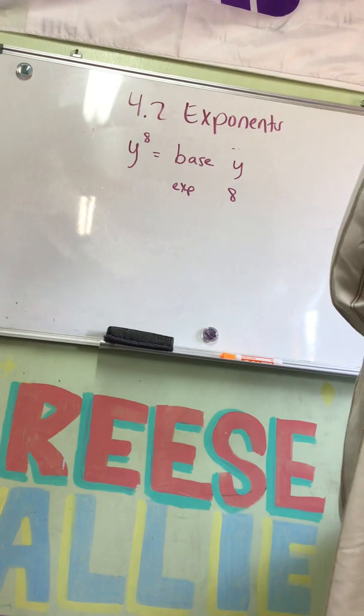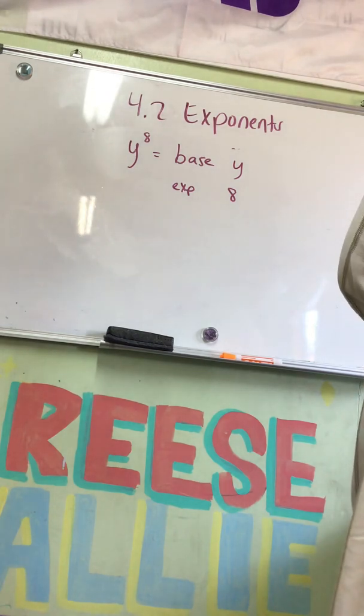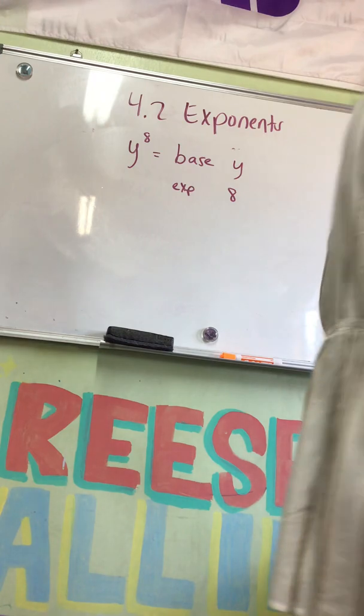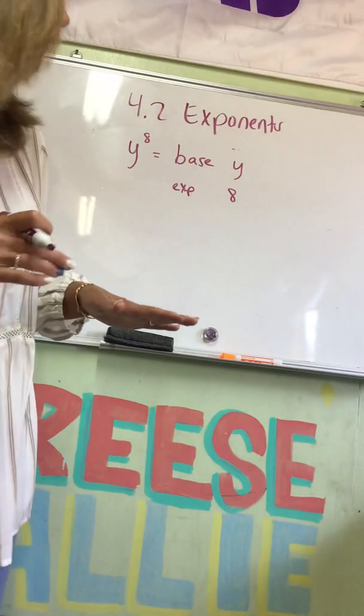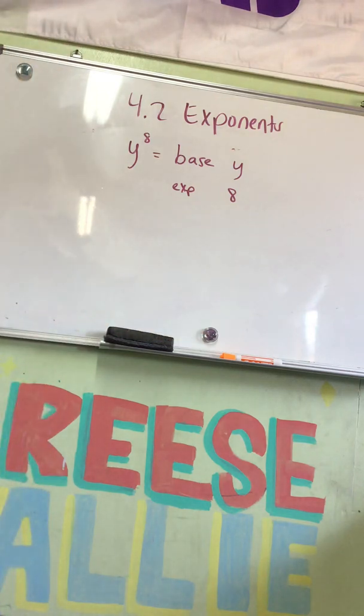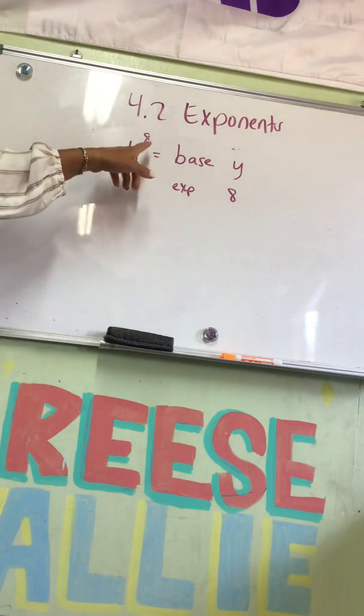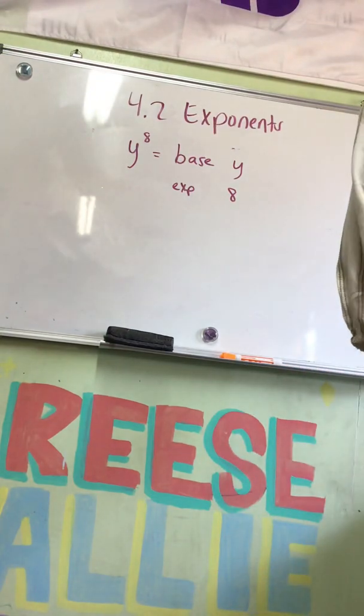The other thing they give you here, in number 4, says write each of the following using exponents, but don't solve it. They basically want you to write these numbers as a base with an exponent, but they don't want you to solve it. This is number 4.